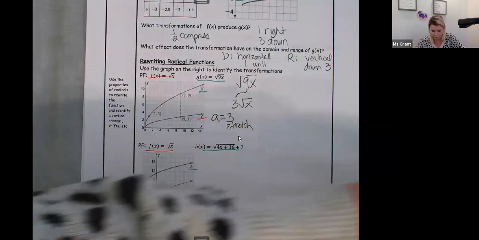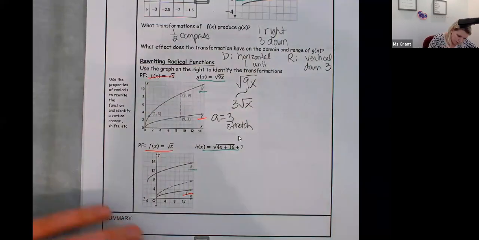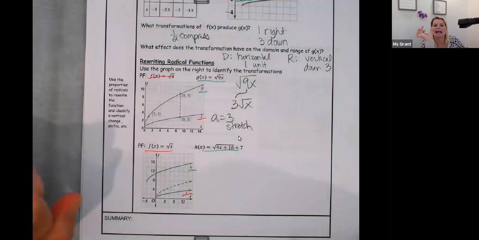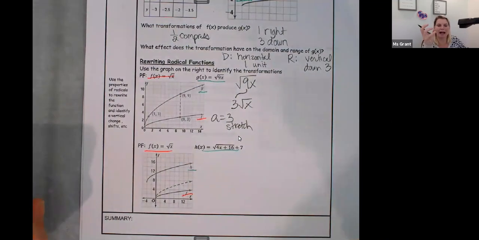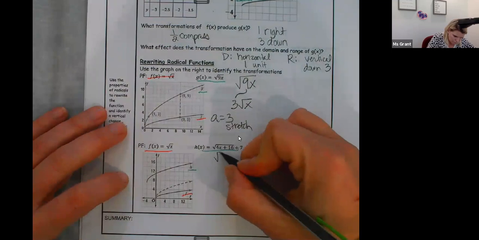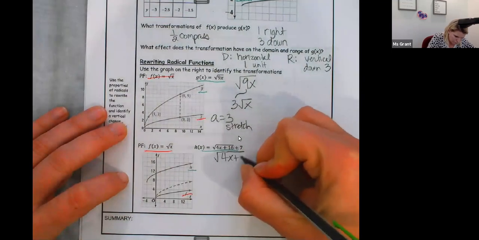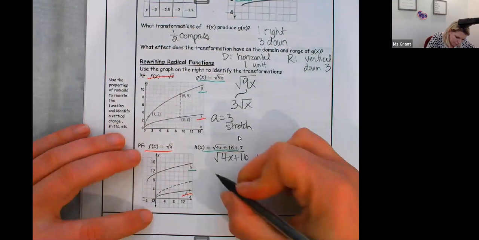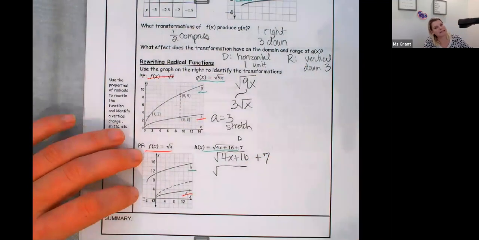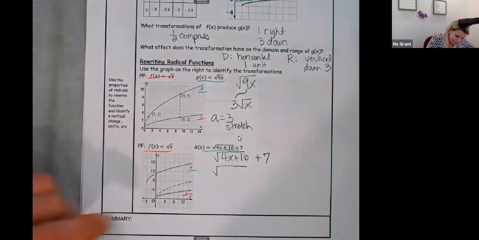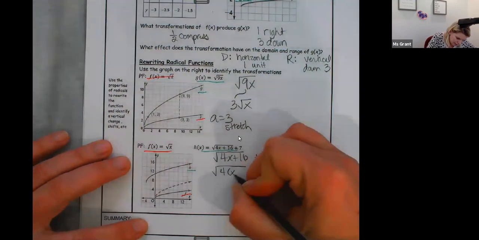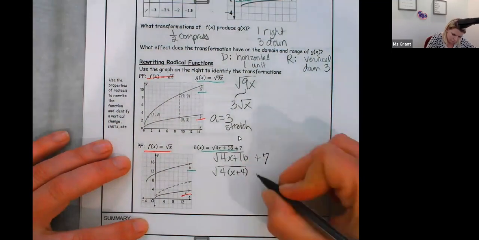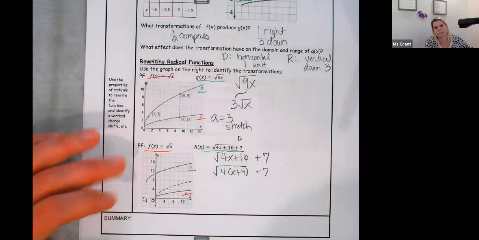So 4x plus 16. Underneath the square root is what I need to simplify. I want to take a perfect square out of it. I'm not going to worry about the 7 until really at all. So 4x plus 16 has the GCF. It's 4. X plus 4, plus 7.